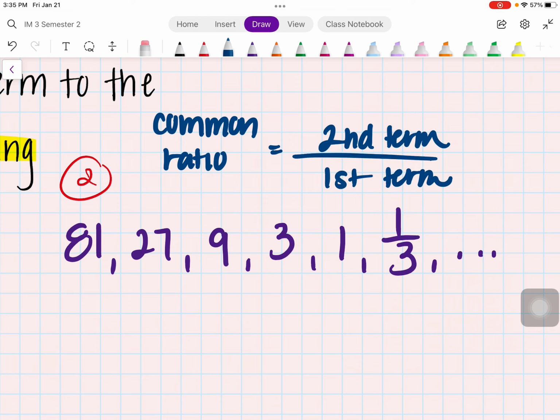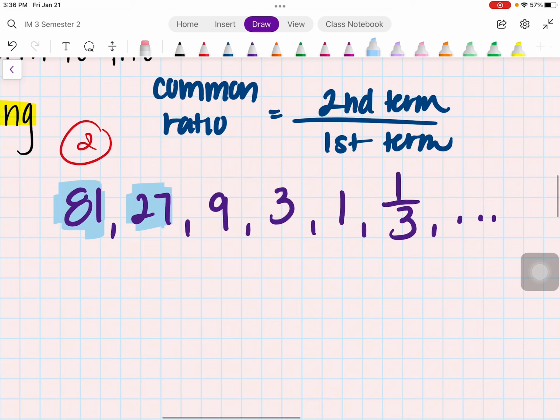Let me do it again. Divide the second term by the first term. In this case, guys, it doesn't necessarily mean that it has to be the first and the second. It could actually be any other ones. But from the two that you choose, the second one goes first, divided by the first.